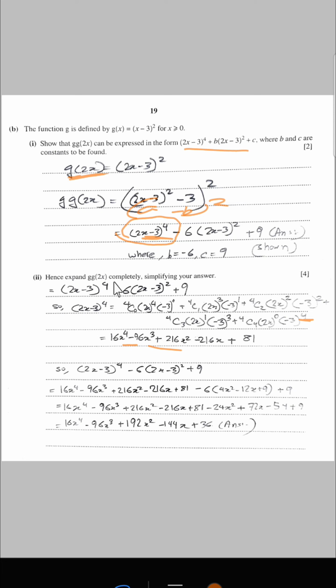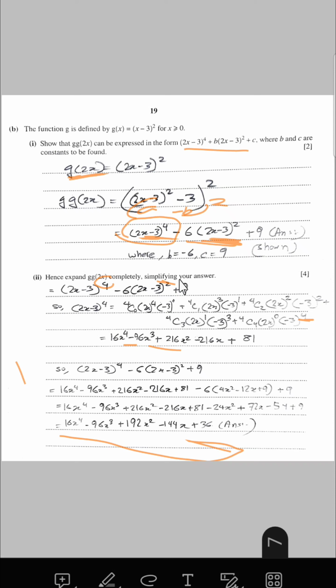Then we expand the power 4 expression, and we can now expand this expression easily to simplify it into the form of the given expression. This is just to simplify it and nothing to explain.